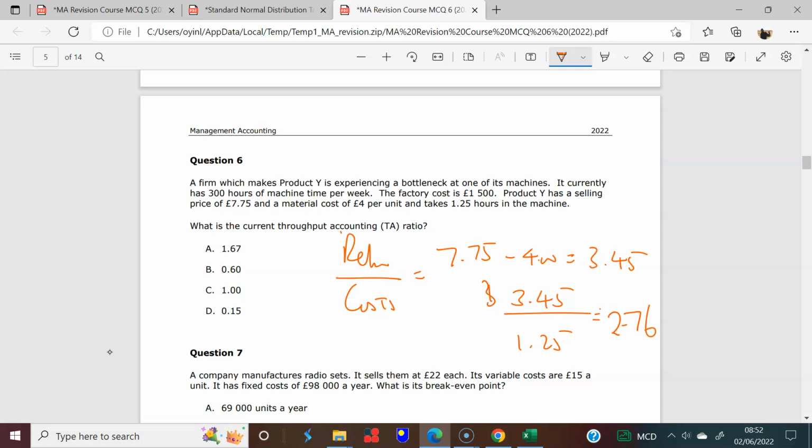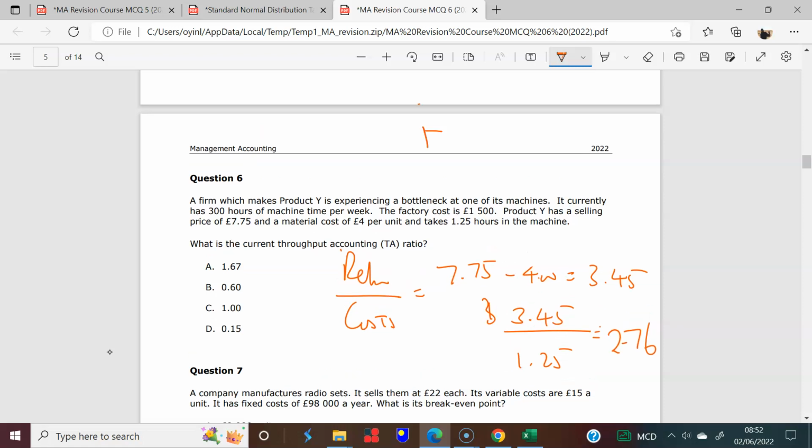Okay, no problem. Now we know that the factory cost is 1,500, and the total number of hours currently is 300 machine hours. So each machine hour is generating an overhead cost of £5 an hour.